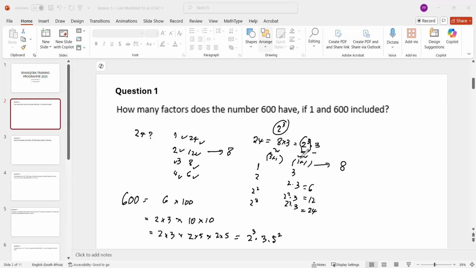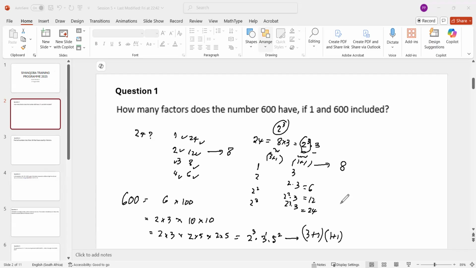Right. So once you do that, then you can use this thing here to work out how many factors. You take 3 and you add 1 to it. Right? And we multiply all these things. So it's 3 plus 1 times, now the power here is just 1, so it's 1 plus 1, as we saw here.